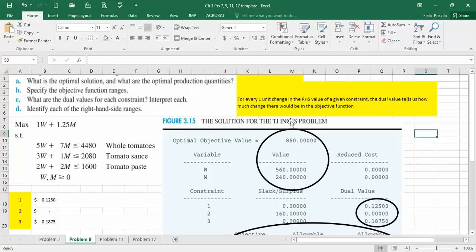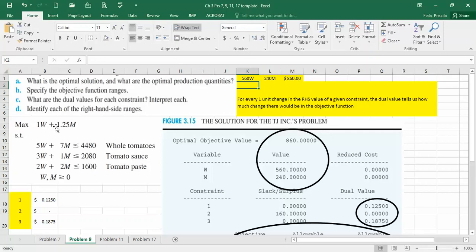So according to this, you could say your optimal solution is 560 jars of Western salsa and 240 of Mexico City salsa, and they're gonna make $860 with that. They're gonna make a profit.